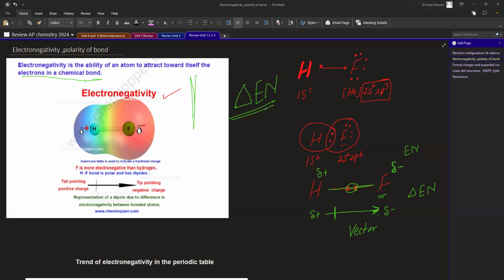Based on that, we can discuss the polarity of molecules, which is very important. And once you know the polarity of the molecule, you can discuss the different types of IMF, intermolecular forces of attraction, in the molecules. So let's start.